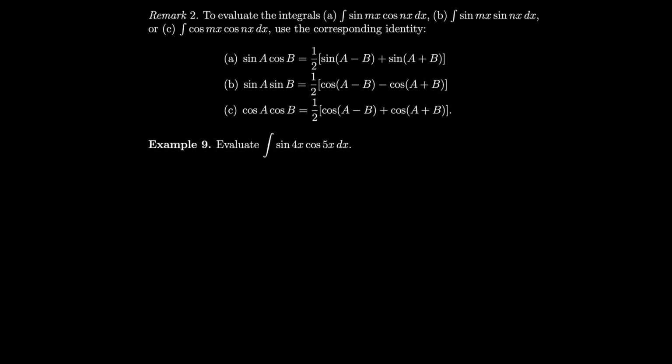So that means that my integral of sine 4x cosine 5x dx becomes the integral of half of sine of a minus b. So that's 4x minus 5x, which is minus 1x, plus sine of a plus b, which is 4x plus 5x, which is 9x.